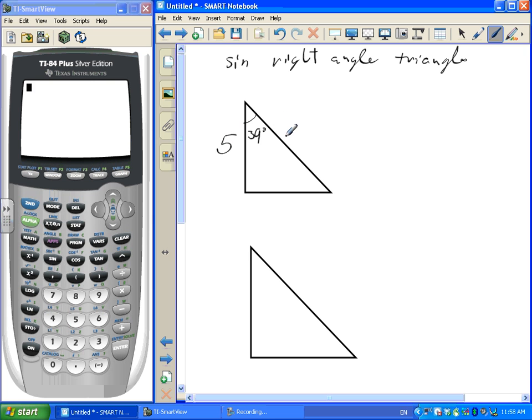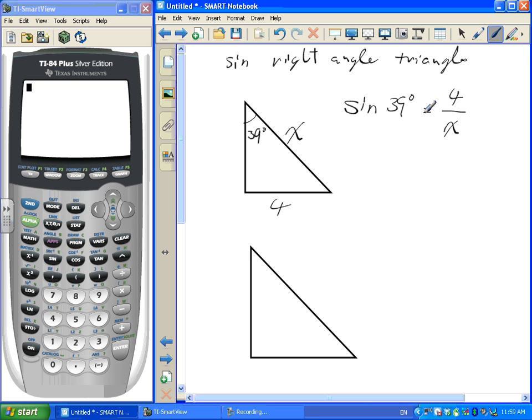And we're looking for the hypotenuse. We set up our sine, 39 degrees is equal to opposite. Oh, sorry, we need the opposite in this one. No, this is 4, over hypotenuse, which is x.